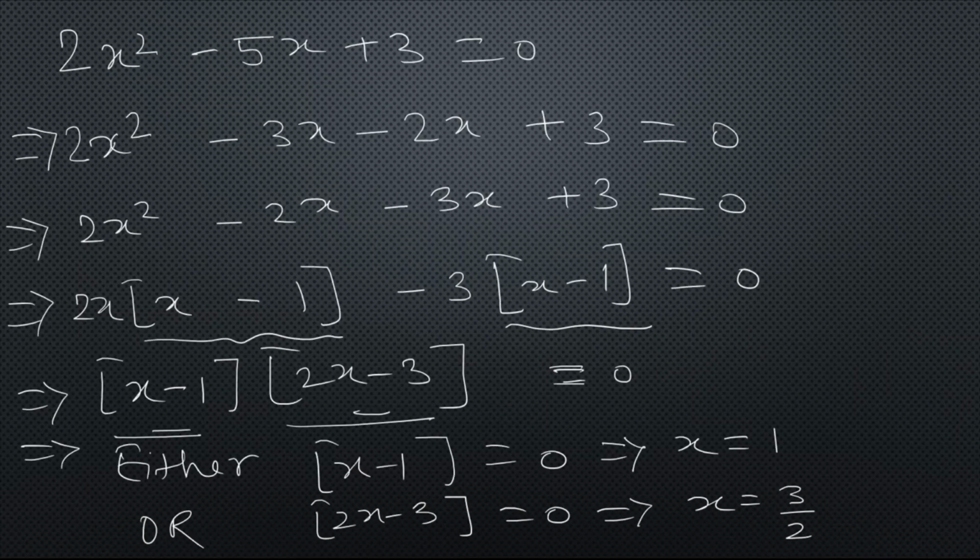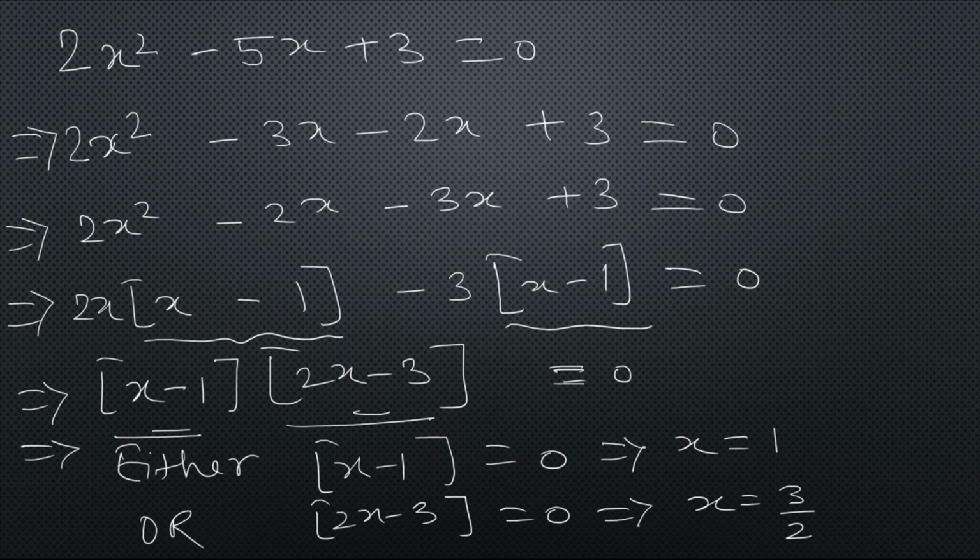So if you place 1 here, 1 minus 1 is 0, or if you place 3 by 2 here, it becomes 3 minus 3, 2 into 3 by 2 becomes 3, minus 3 is equal to 0. So you can verify also, right?